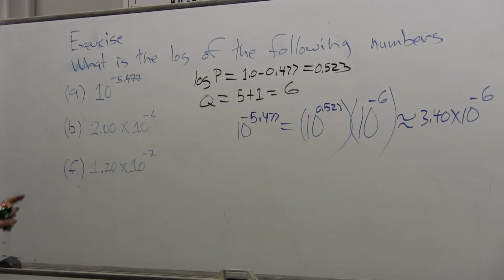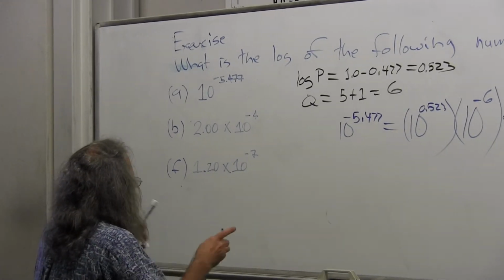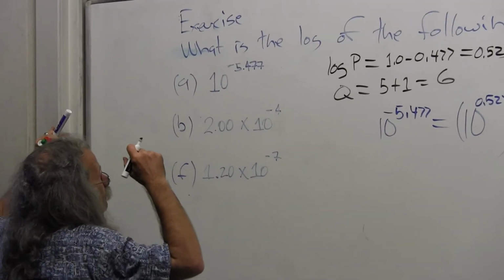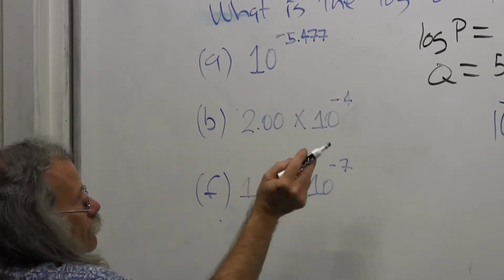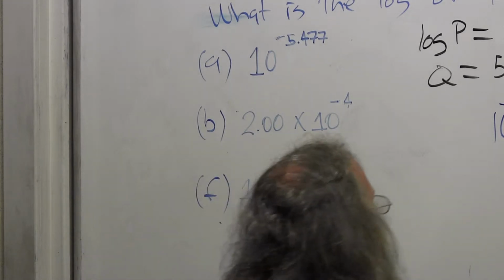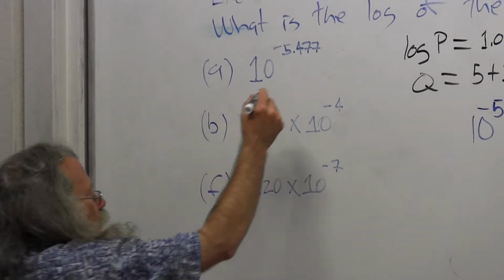Now, for problem B, I have 2.0 times 10 to the minus 4th. We're going to catch a break on this one. I'm sorry, the log, boy am I stupid, what is the log of this?